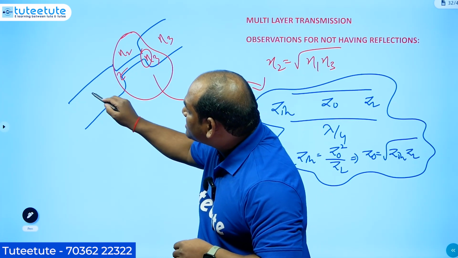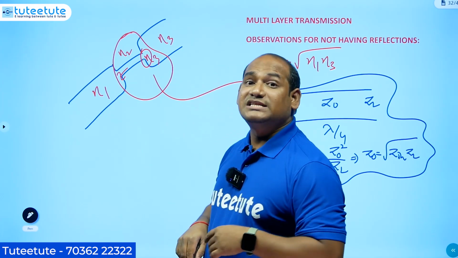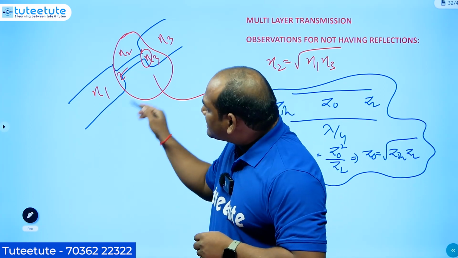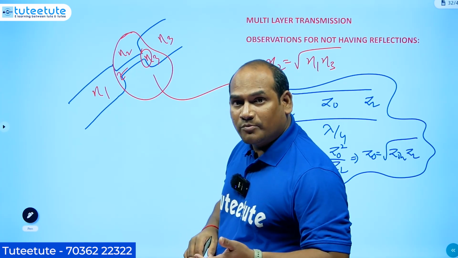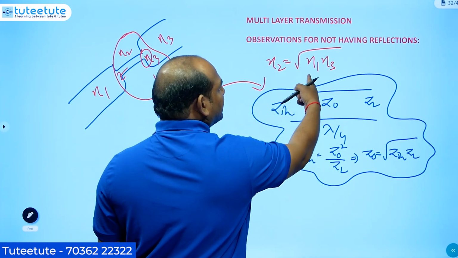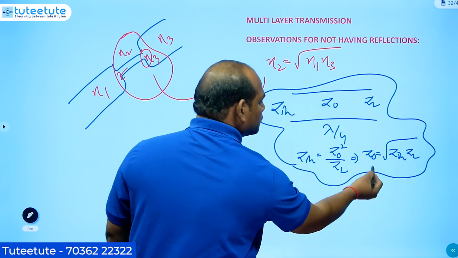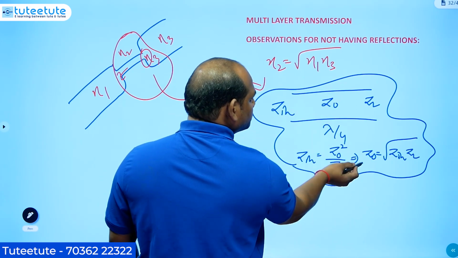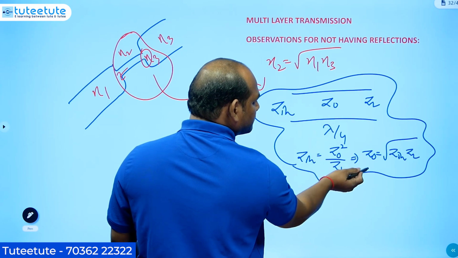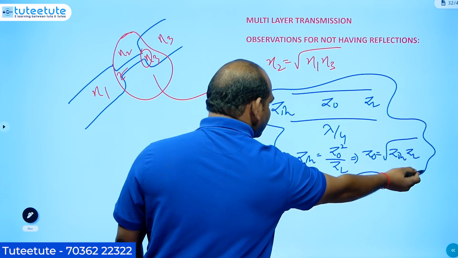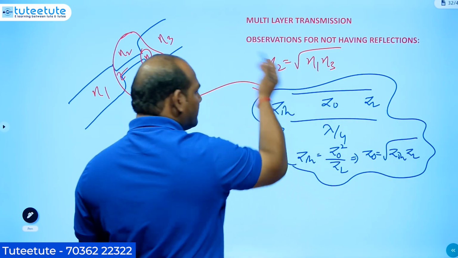This impedance must be equal to eta 1. If Z is equal to eta 1, then reflections will not come. From that relation, we got eta 2 equal to root of eta 1 eta 3, similar to Z0, which is related to transmission line 2, that means medium 2. Zin is related to transmission line 1, that means medium 1. ZL is related to transmission line 3, that means medium 3.